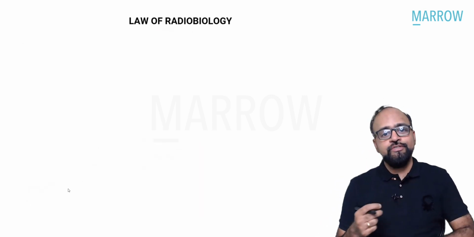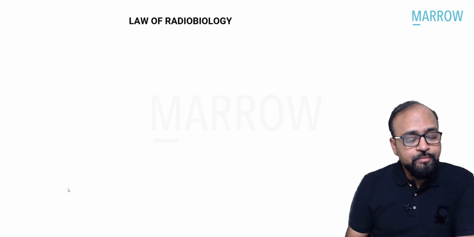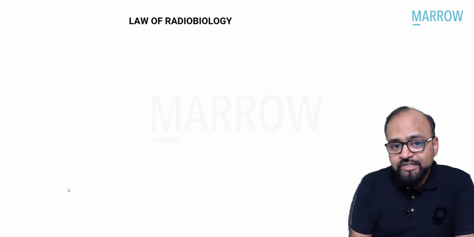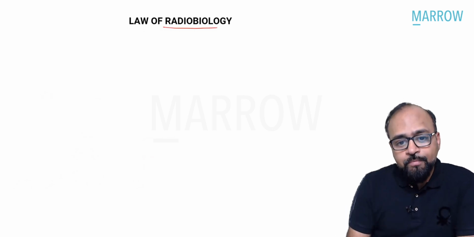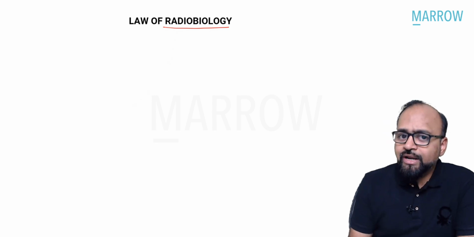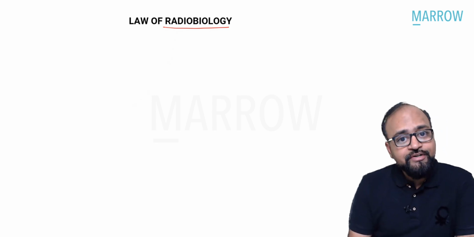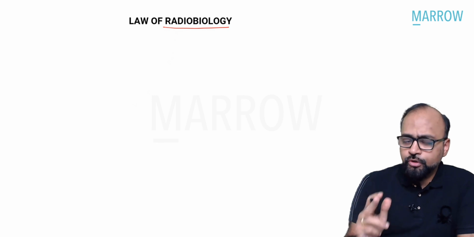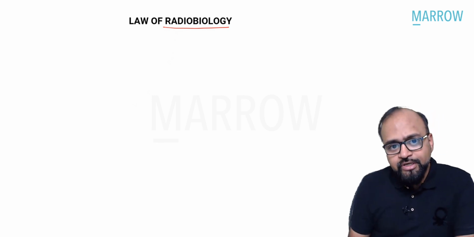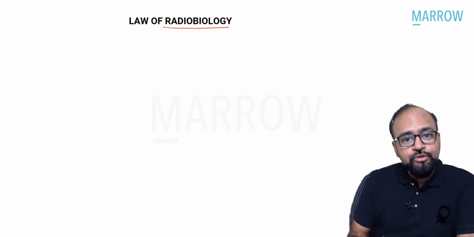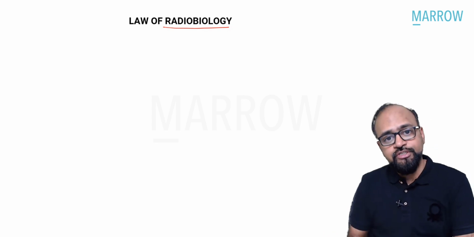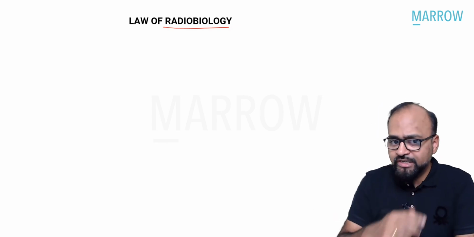Another important concept I want you to know about radiotherapy, about radiosensitivity of organs and tissues, is the law of radiobiology. This is also called the law of Bergonie and Tribondeau. Name is not important, the concept is important. It tells us why a particular tissue is more sensitive to radiation as compared to the others. What does it tell us?